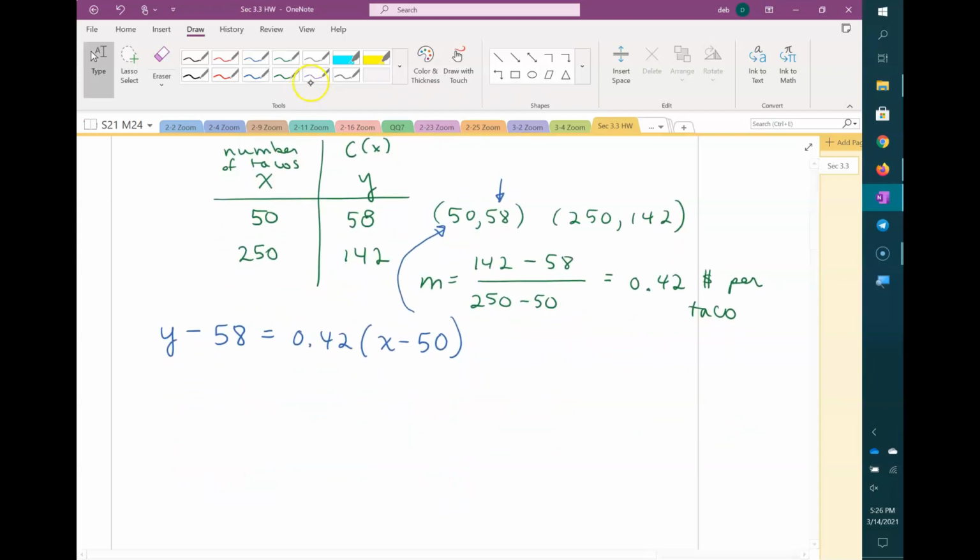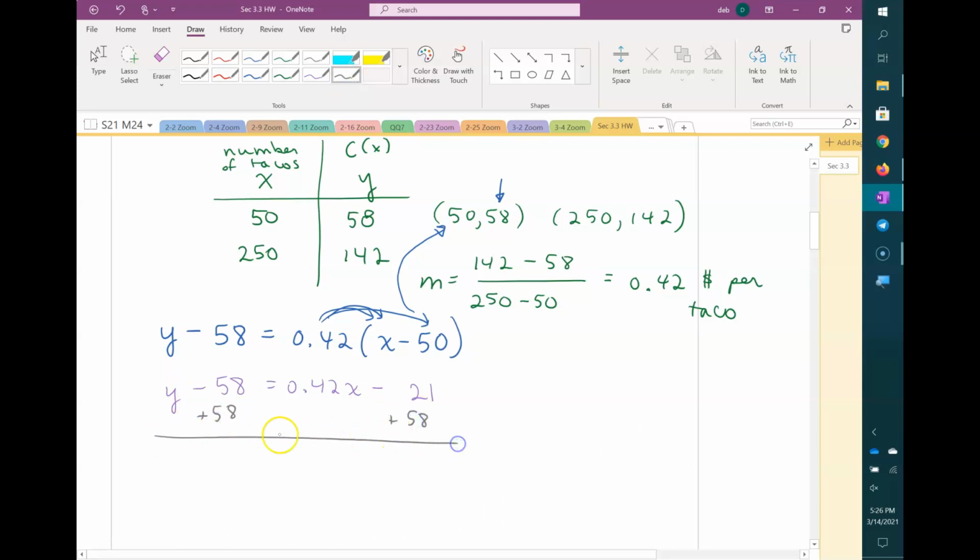Well, now I can put this in slope-intercept form by distributing the 0.42 and getting y minus 58 equals 0.42x minus, oh no, it must be 21, sorry. And then add 58 to both sides, and get y equals 0.42x plus 37.